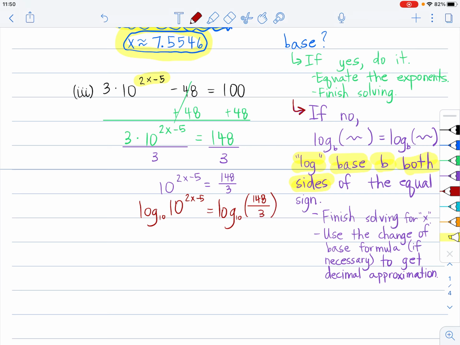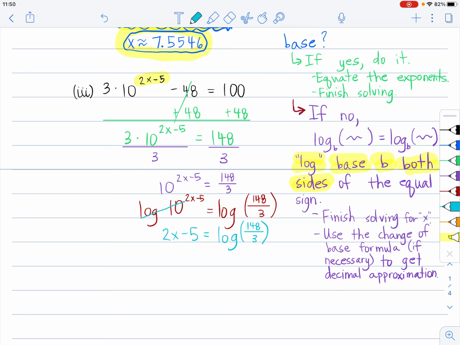Log base 10 is just log. I will accept it either way. But log of 10 to the 2x minus 5, the reason that we are log base b-ing both sides is because log base 10 of 10 to the 2x minus 5, log base 10 of 10 cancels and 2x minus 5 falls out. That is equal to log of 148 over 3.